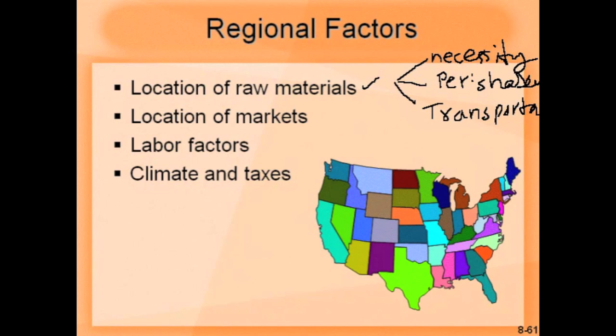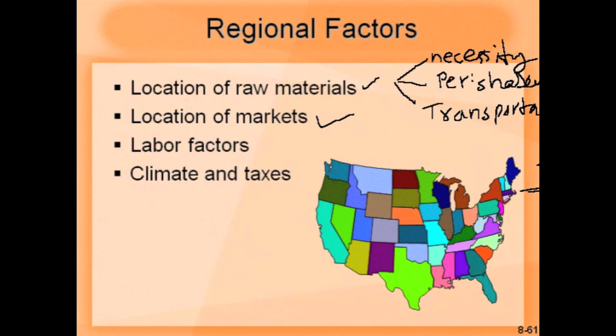The second one is location of markets. Especially in situations where a company is closer to the end of the supply chain, it makes sense to locate near the markets. And nowadays, because of globalization, for example, if you take Toyota, a Japanese company, they also have plants in the US.